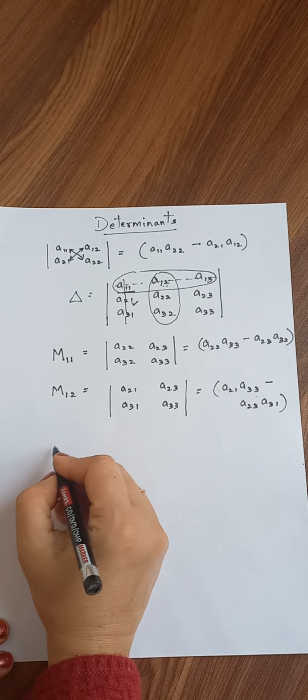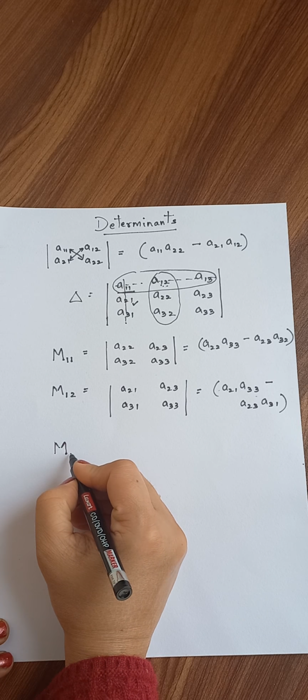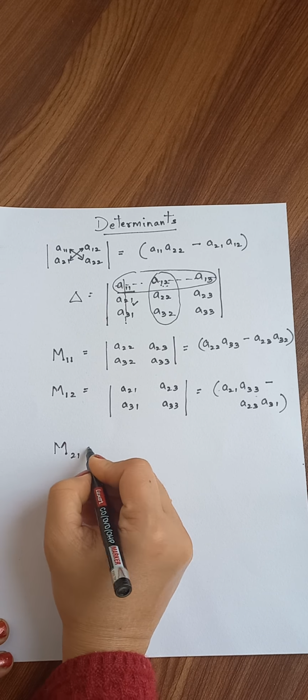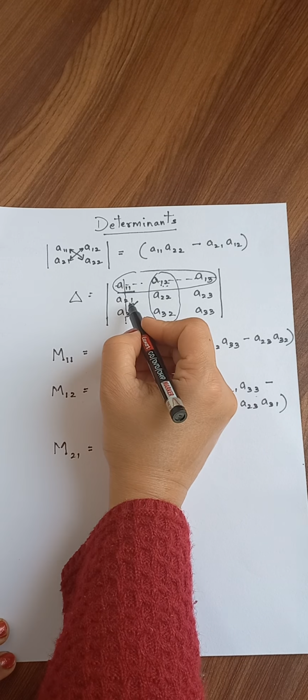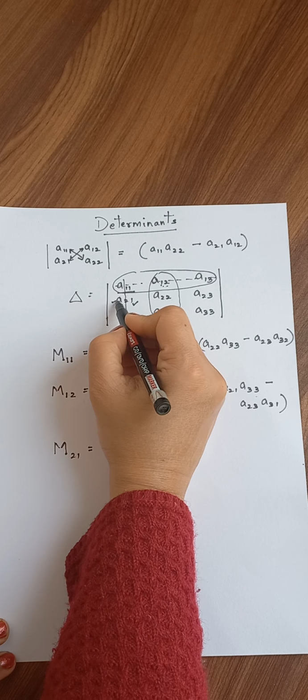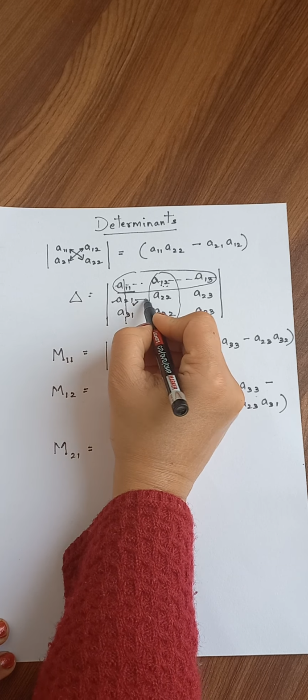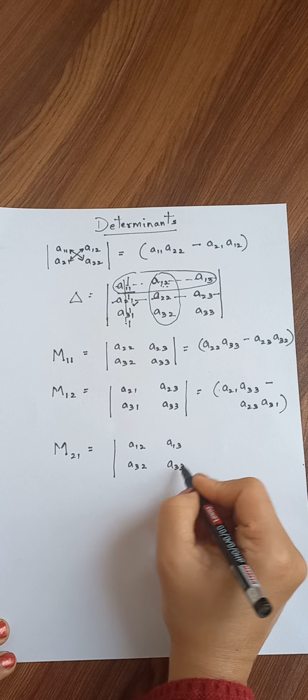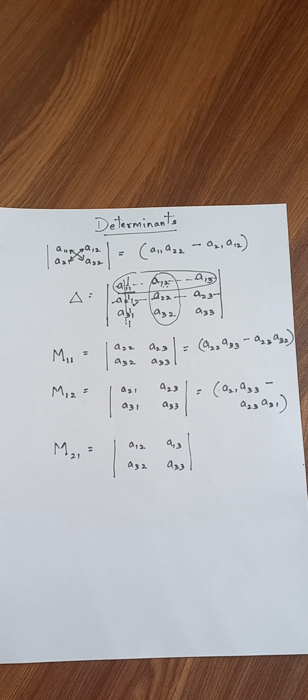Similarly, to find the minor M21: this element occurs in the second row and first column, so we delete the second row and first column, and the remaining elements will be a12, a32, a13 and a33. I think it is now easier for you to understand how we find the minor.